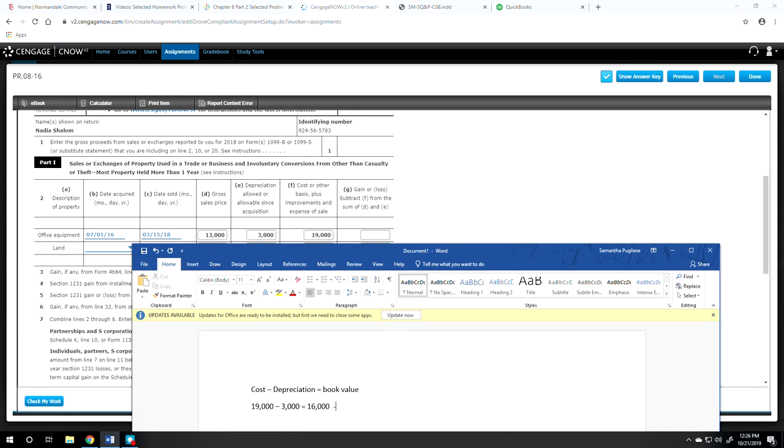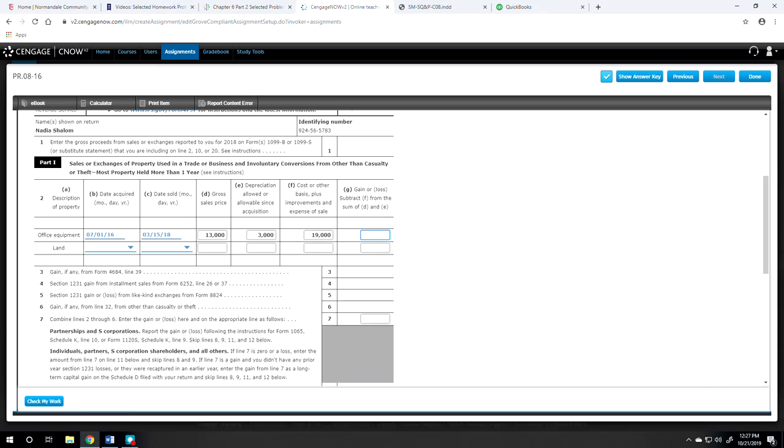And they tell us that we sold it for $13,000. So minus $13,000 that we sold it for gives us a $3,000 loss, right? And it would be a loss because we sold it for $3,000 less than its current book value. Losses they want in parentheses. Oops, okay, you have to enter it as a negative, and then it's going to make it be in parentheses. Cool.